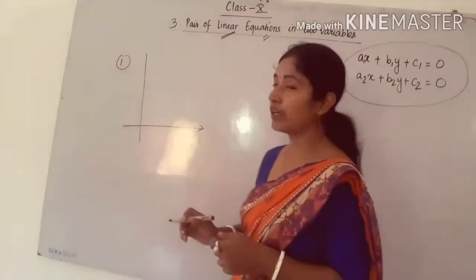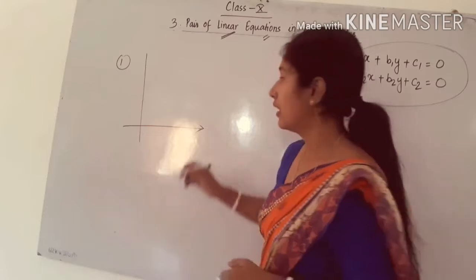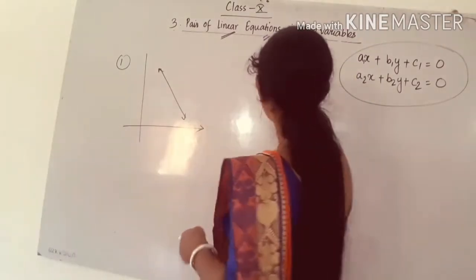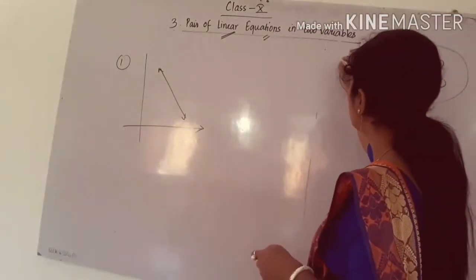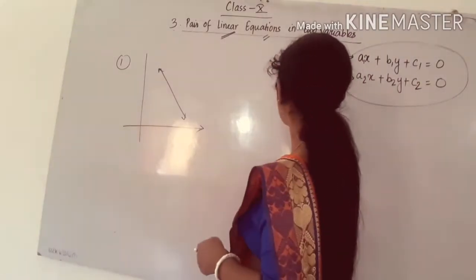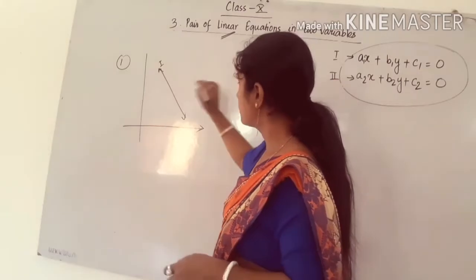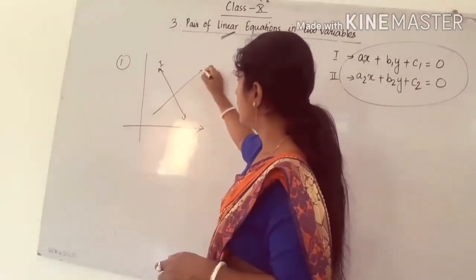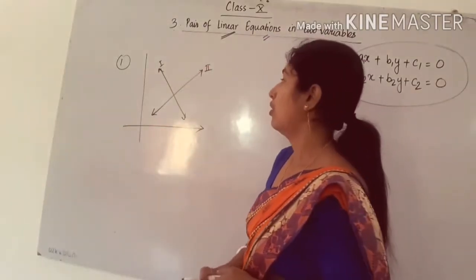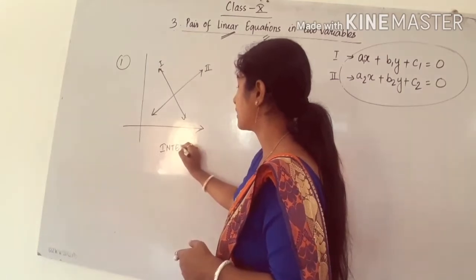So I will get two straight lines. What happens to them? They may intersect. Suppose this is linear equation number 1 and this is linear equation number 2. Suppose I plot equation number 1 and the straight line comes like this, and the second linear equation intersects the first. So the first condition is that the lines may intersect.